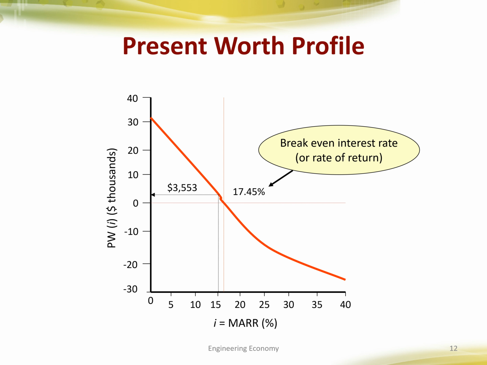If it's bigger than that, then this investment will not be accepted because the present worth will be negative. So as we showed here, smaller than 17.45 accept, greater than 17.45 reject the opportunity.